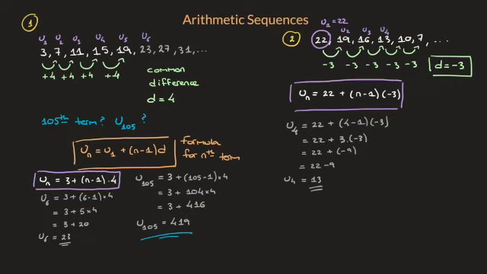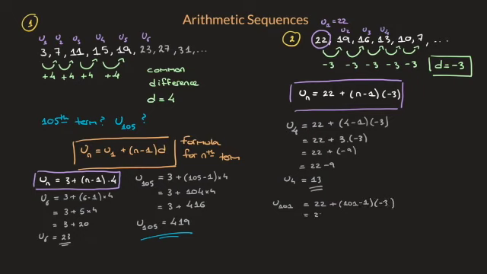All right, just to finish, let's say we need to calculate the 101st term of this sequence. Well, again, all I'd have to do is use my formula for the nth term of this sequence and replace every n I see by 101. So I'll do that here. If I need to calculate u sub 101, then that's going to equal 22 plus n minus 1, which becomes 101 minus 1. So I'll just write that. That's 101 minus 1 times negative 3.